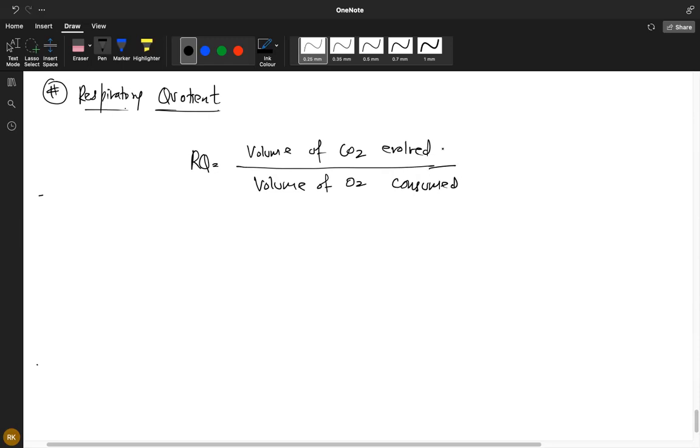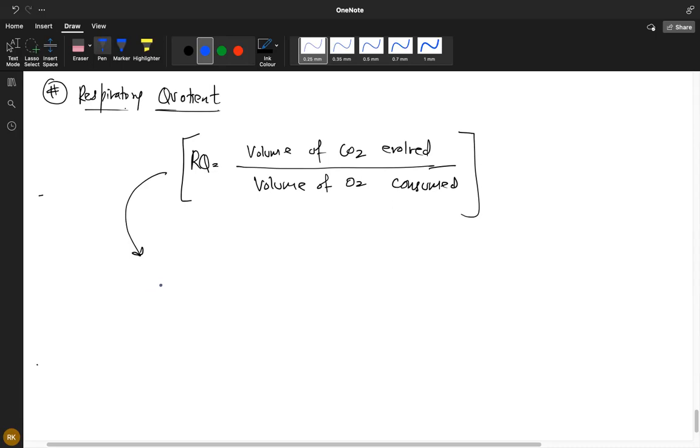Is it clear? So it is called respiratory quotient or respiratory ratio. Simple. So can you find for me the respiratory quotient for aerobic respiration as the last thing for this chapter? Now, can anyone tell me the formula for a complete respiratory reaction?